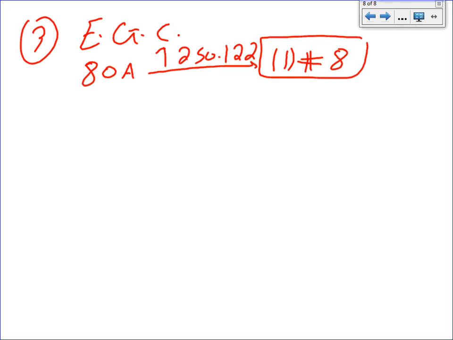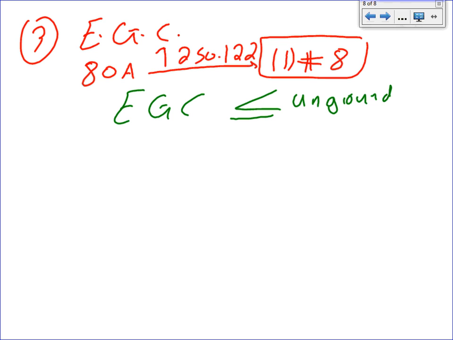So if I want to put a note for you guys to remember: equipment grounding conductor shall be equal or less than the ungrounded conductor. Doesn't have to be more. Equal or less.